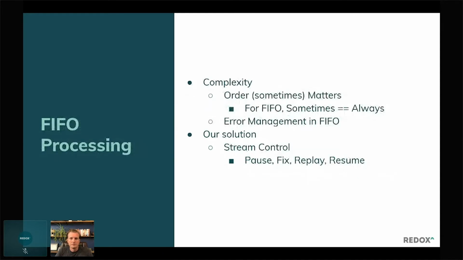All right, next thing that we had to deal with was order of processing this data. Events sometimes matter in order. Unfortunately, for first in, first out processing, when it sometimes matters, you generally have to consider that it always matters.